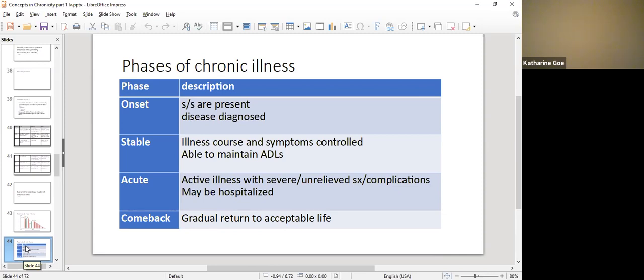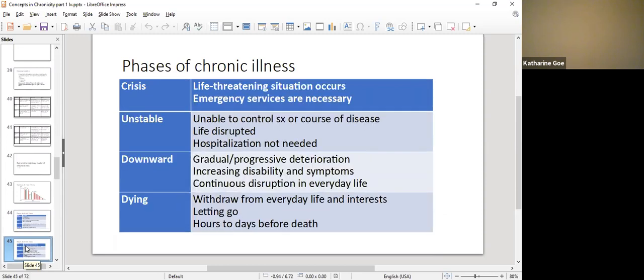That is when there's an active illness with severe or unrelieved symptoms and complications, and the person might be hospitalized at this point. And then the person will come back from that exacerbation. So when you see a diagnosis with somebody who has an acute on chronic illness, that's what they're talking about. They have this chronic illness and an acute episode, which we used to call exacerbations.